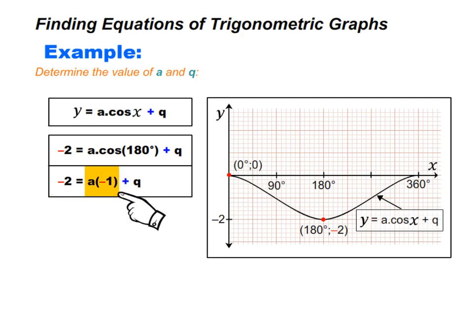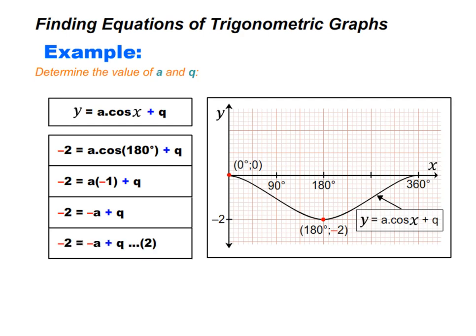Look at this part. A multiplied by negative 1 will give us negative a. So far we have negative 2 is equal to negative a plus q. Look at this equation. Let us call this equation equation 2. We write it like this.